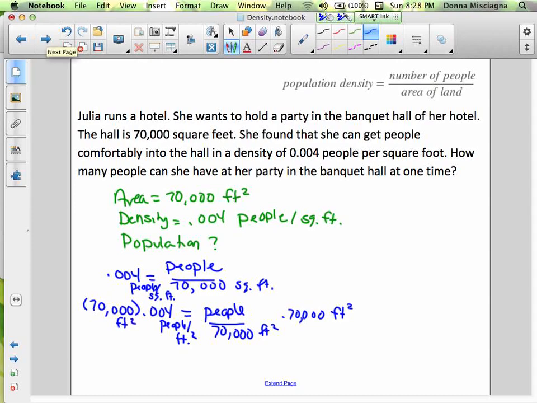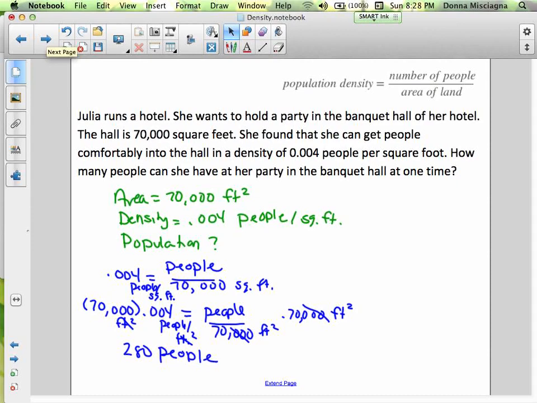All right, so the feet squared will cancel, and the number of people will be 70,000 times 0.004. So that means that 280 people can be in the banquet hall at one time. So that's the biggest party she can have.